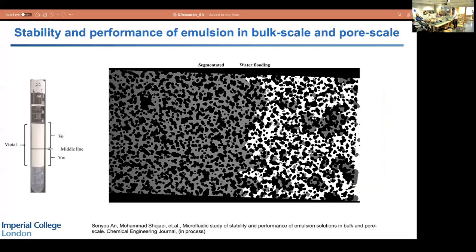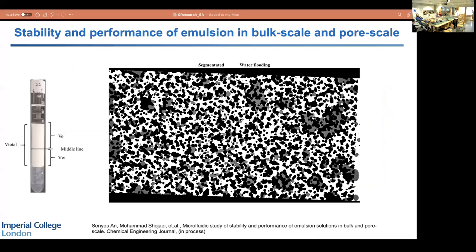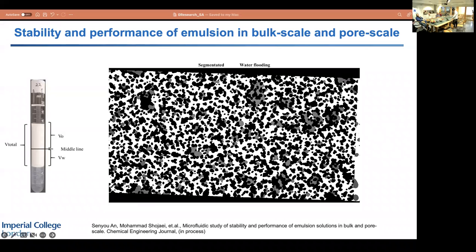And okay, this other one is the emulsion water. It is an experiment, and we also did some simulation. This experiment was conducted by Dr. Javad, and I collaborated on the image processing and also the computational part.